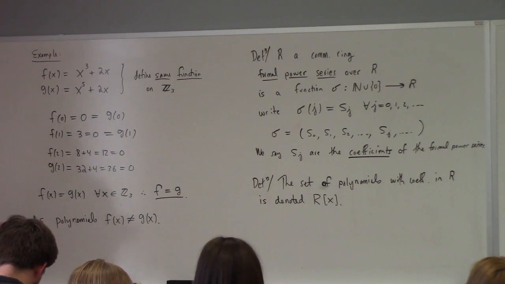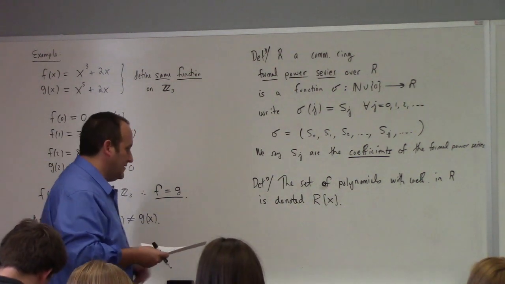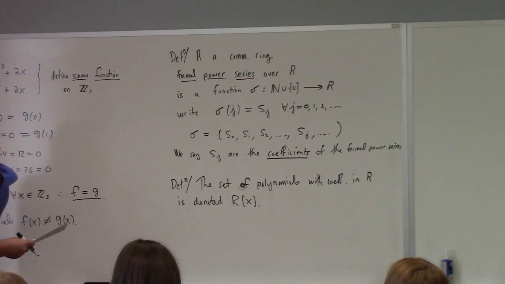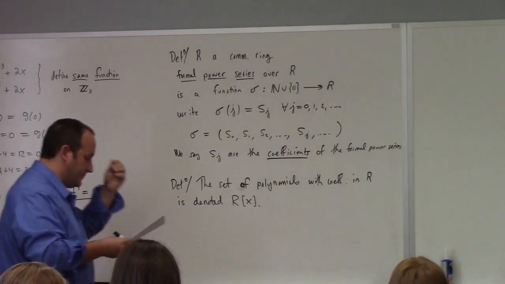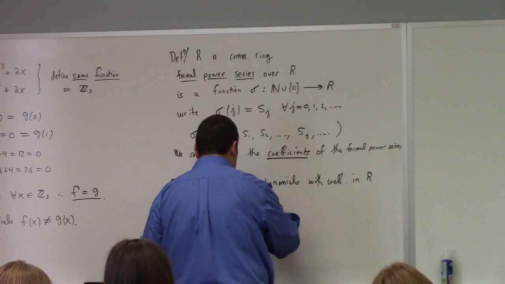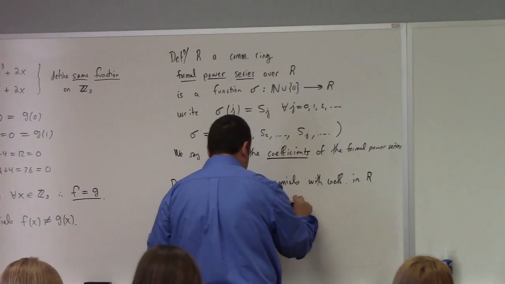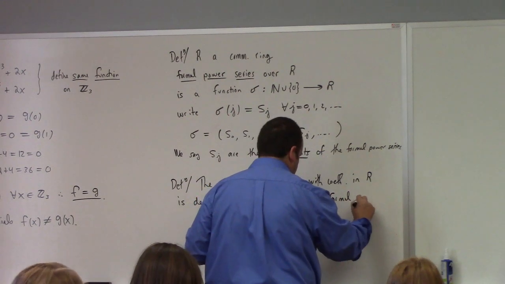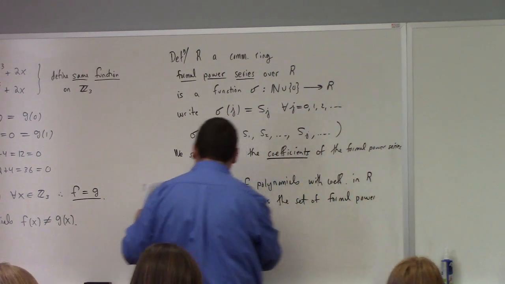But not the sequences of a rather special kind. The set of polynomials with coefficients in R is denoted R of x like that. And so it is the set of formal power series in R such that what?